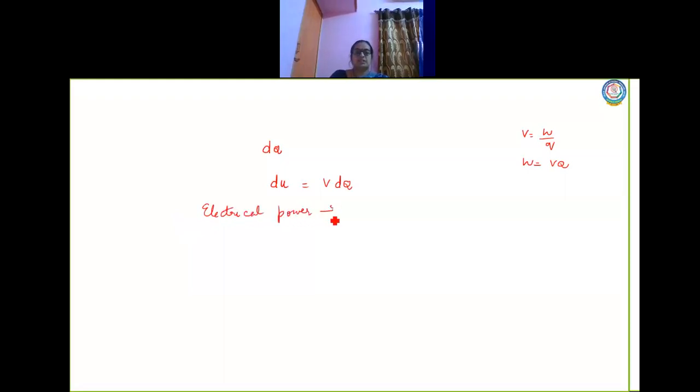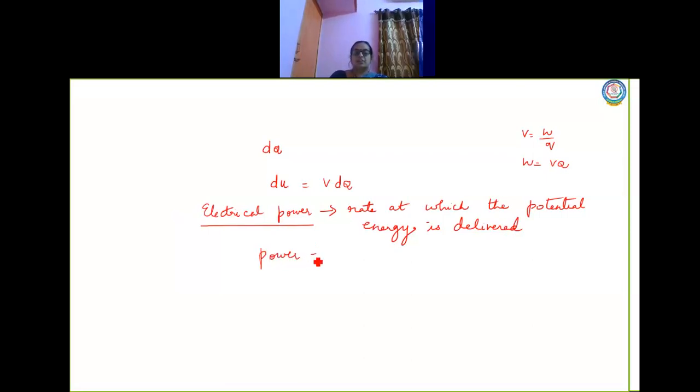Electrical power is nothing but the rate at which the potential energy, that is the energy gained by the charge, is delivered to the resistor. So power is the rate of work done.